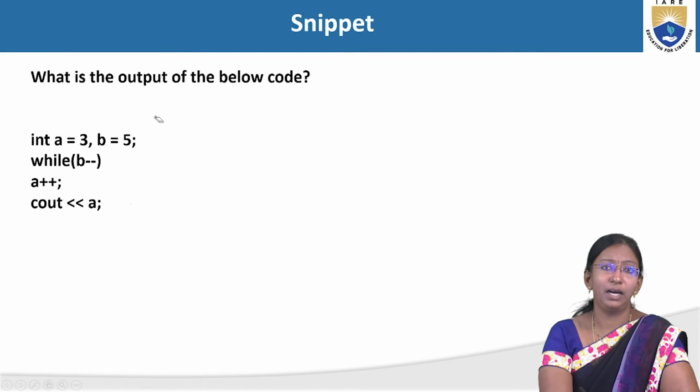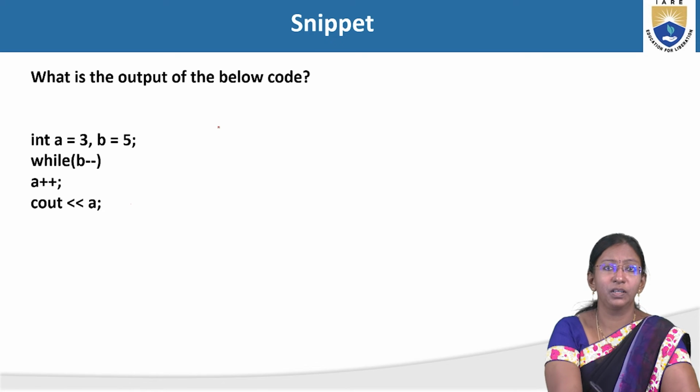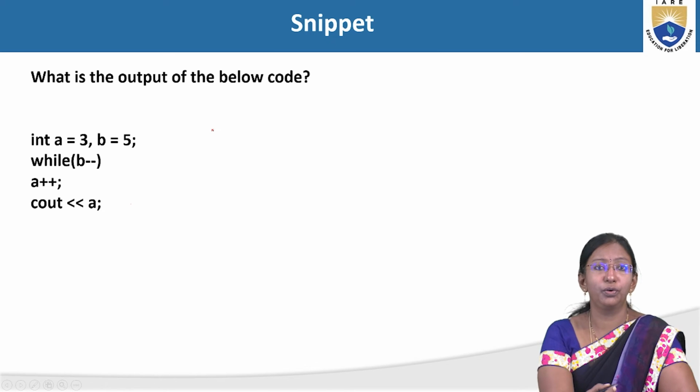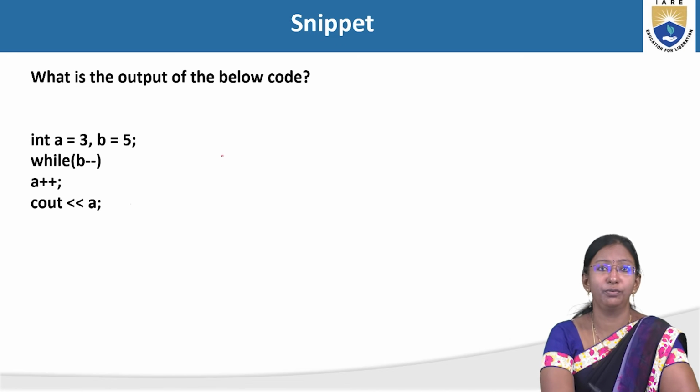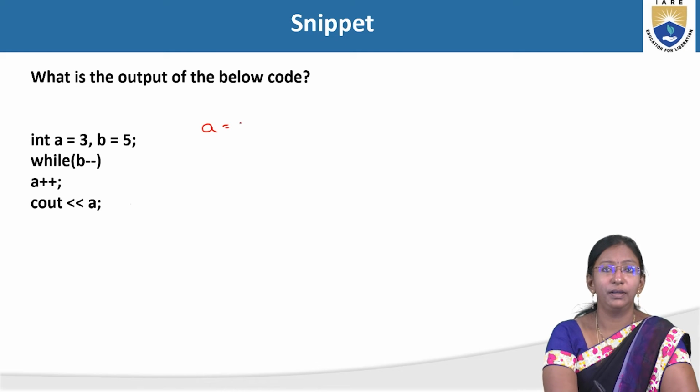They are asking for the execution of this while loop and the value of the final A. Guys, A is equal to 3 and B is equal to 5.